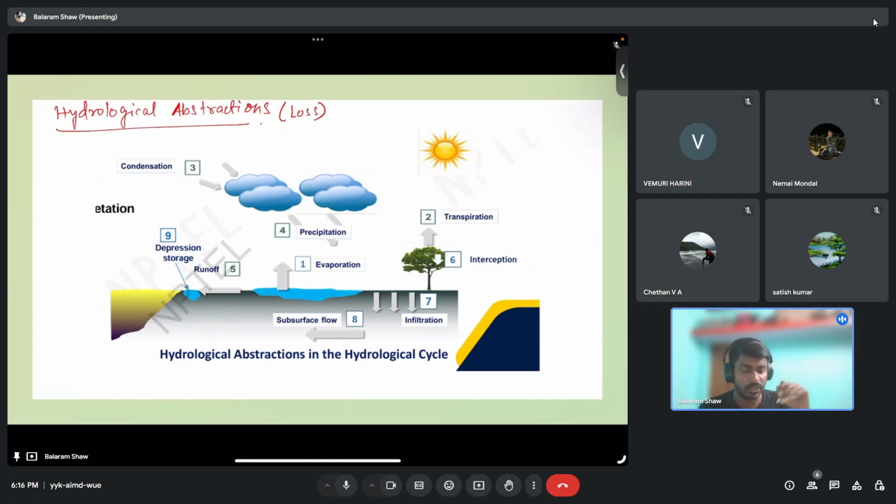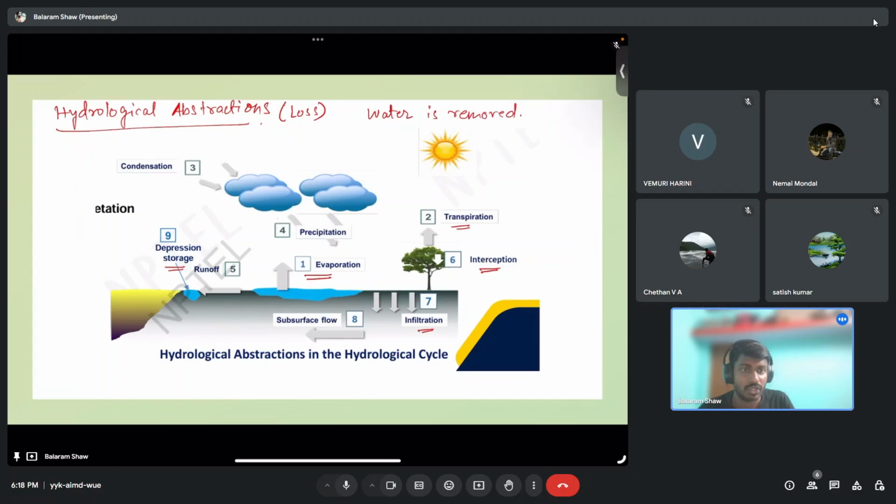Whatever the vegetation, it can be crop, it can be tree, it can be forest, any water that is taken away from the vegetation above the ground is considered interception. Next, we have depression storage. Depression storage is kind of superficial depressions or hollows in which water gets stored. We'll study all this one by one.